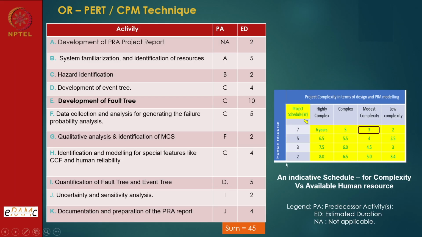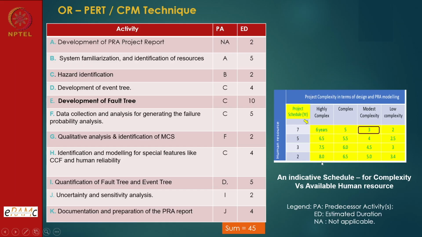It depends on what human resource is available to you, and of course expertise also, that is number one. And then how complex is the plant. For a highly complex plant, it will take 6 years if you have 7 persons working with you, it will take 3 years. If there are 3 persons, it will take 7.5 years, and if you have 2, it becomes impossible, like 8 years it will take.